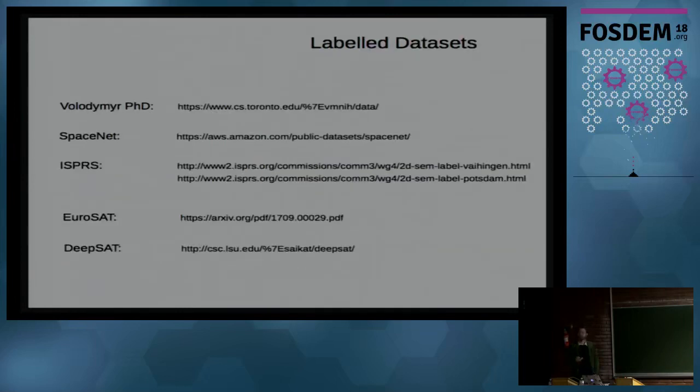If we look on the road datasets labeled right now, the best one is SpaceNet. And this dataset is only related to buildings and roads. That's something, but it's only on this, and it's also dedicated on big cities. So there is, for example, Paris, there is Rio, and so on, but you don't have anything on countryside or on wild area.